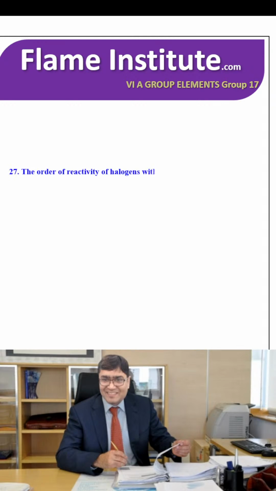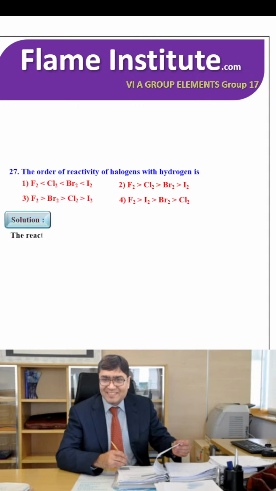The order of reactivity of halogens with hydrogen is F2 greater than Cl2 greater than Br2 greater than I2. So the second option is the right option.